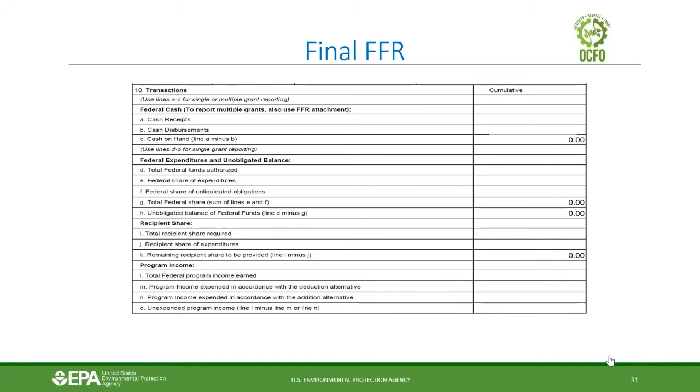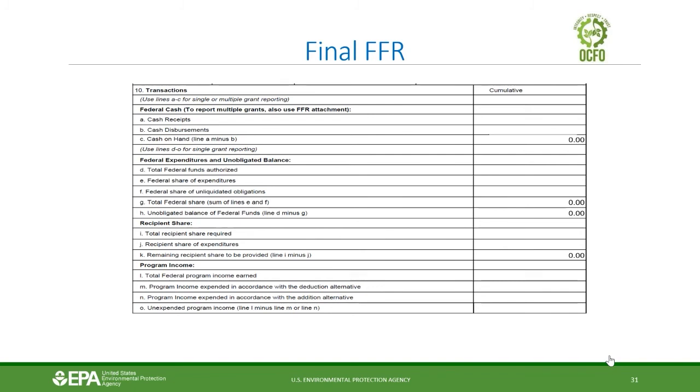Another question: how do you calculate the cost share amount? There's another question on cost share, Peter. I'm assuming it's if you didn't spend all the money, right?